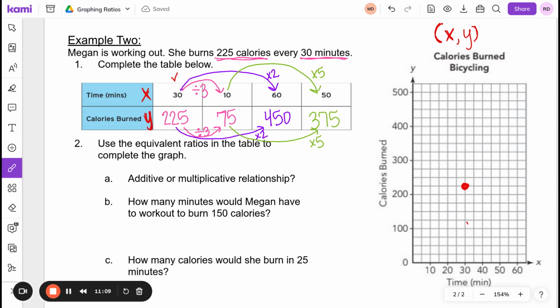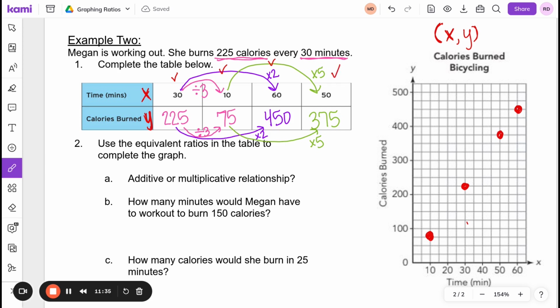Okay, then we have 10 minutes is 75 calories. So there's our second point. Then we have 60 minutes. It's going to take us all the way up to 450 calories. And then at 50 minutes, it's going to take us 375 calories.